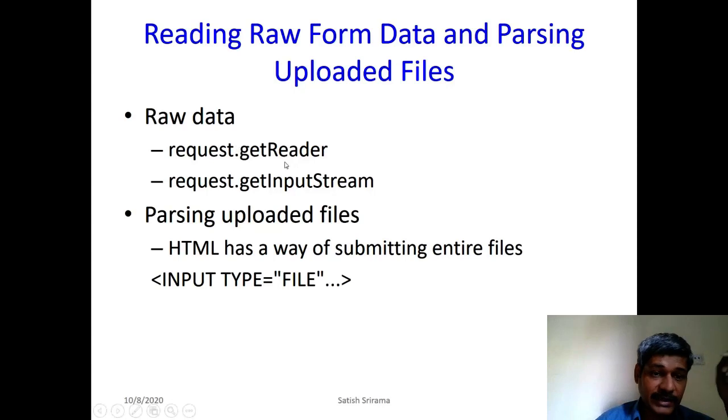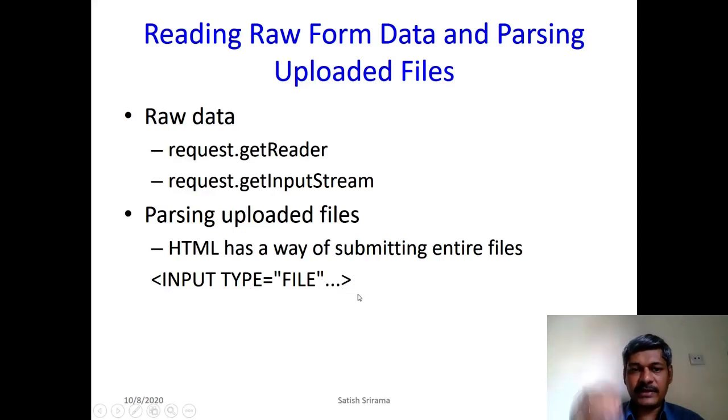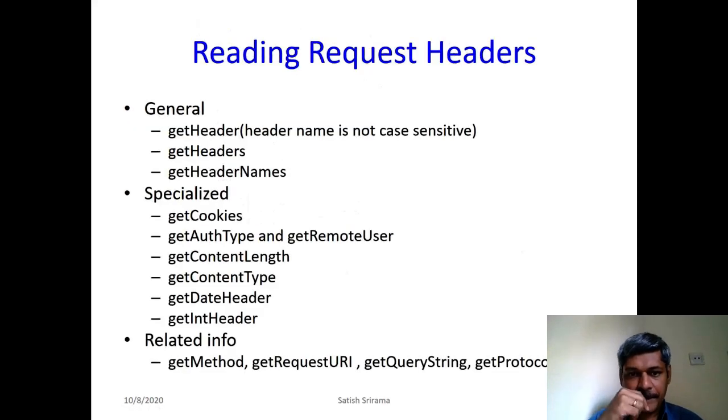From the servlet you can request get reader or get input stream, read, and then process the uploaded files. HTML has a way of submitting entire files within the form itself, just like any other input: you specify the type as file, select the file and submit it. So the servlets can process the files as well.